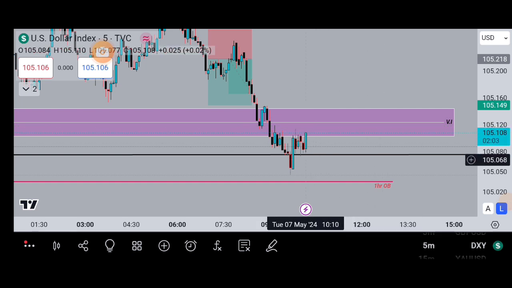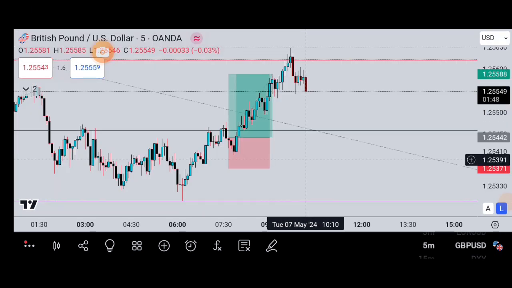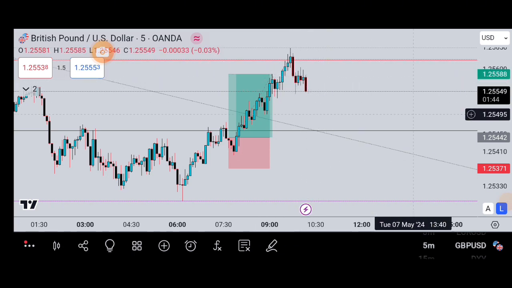And looking at the time, it's around 10, which is usually the macro time. So to those who know about the macros, and I think over here we have these. I think we can be selling at this level.